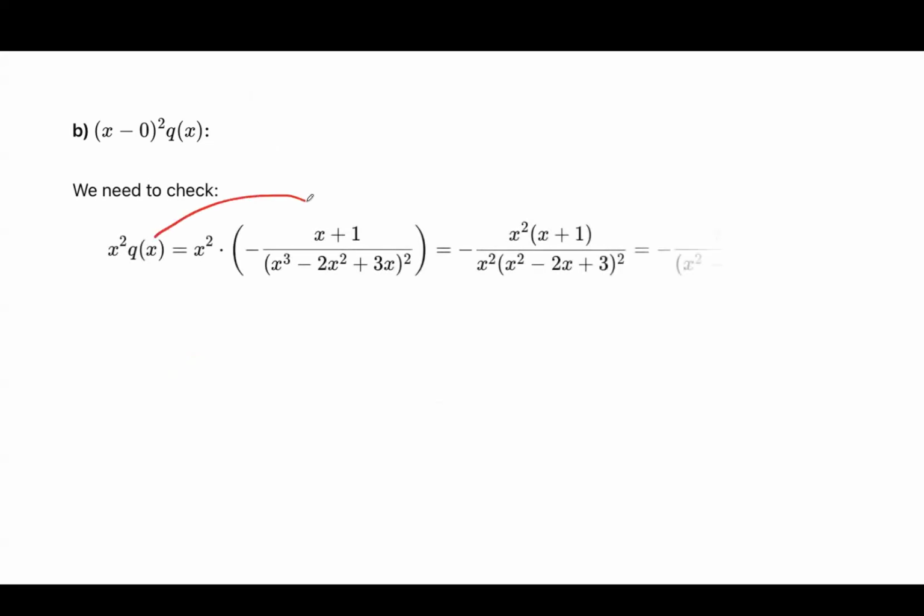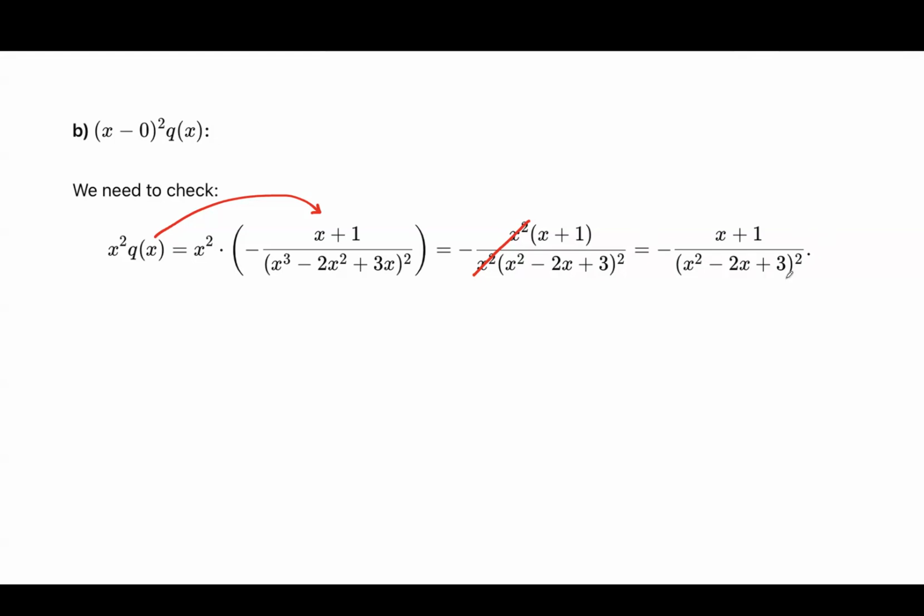Let's go to the next slide. If I multiply x squared by q of x and find the limit as x goes to 0, q of x is basically negative (x plus 1) divided by (x cubed minus 2x squared plus 3x) to the power 2. Simply, you can get rid of x squared and x squared. You already have x squared here, and if you factor out x from the parentheses, you end up with x squared.